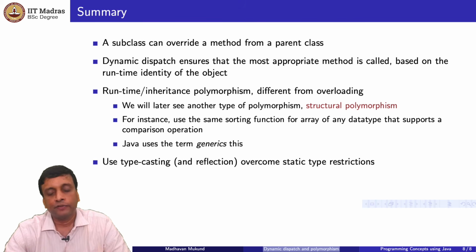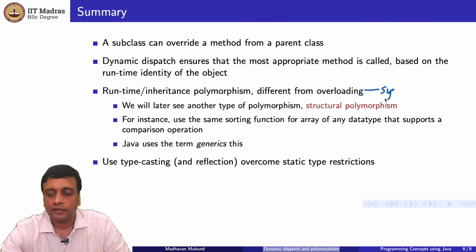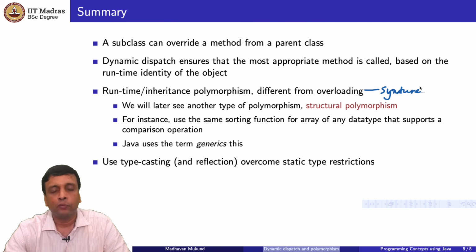So this is different from overloading, right? Overloading is based on signatures. So this is a static thing. It says that you can write the same function name with different signatures, different arguments. We saw it for constructors. We saw in the arrays, the sort function, which takes different types of basic type arrays, double arrays and int arrays and so on. So based on the static type of the argument, it will choose the correct definition among all of these which have the same name.